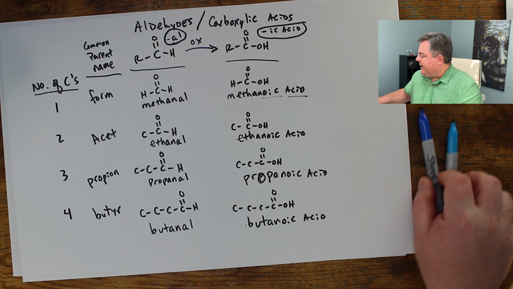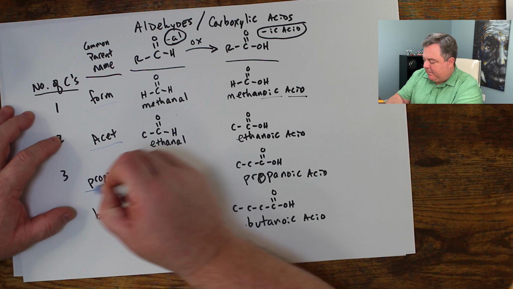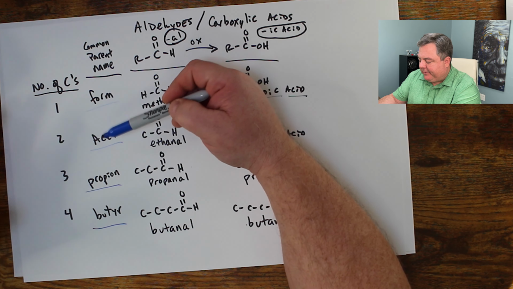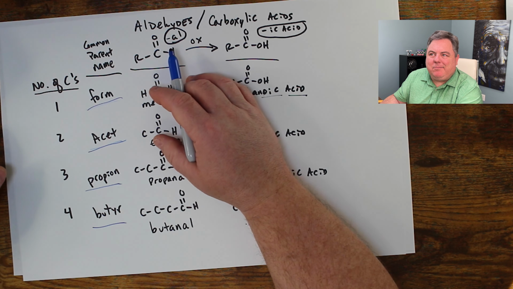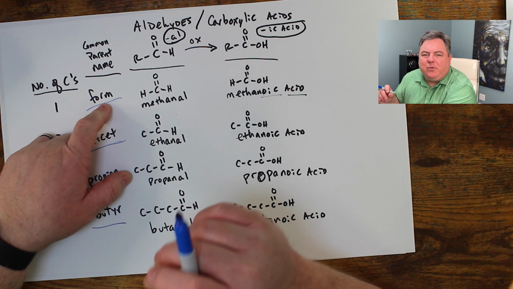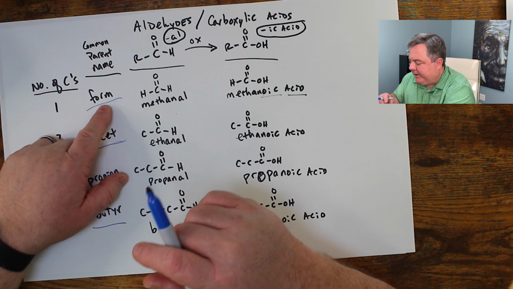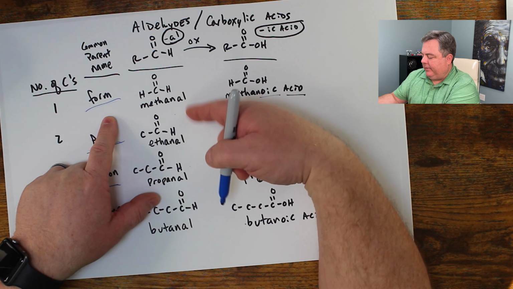The common way of naming these uses these parent names, these common parent names that you really just have to learn and memorize. And you've heard probably some of these words before that have these prefixes in it. But form means there's 1 carbon in the group.